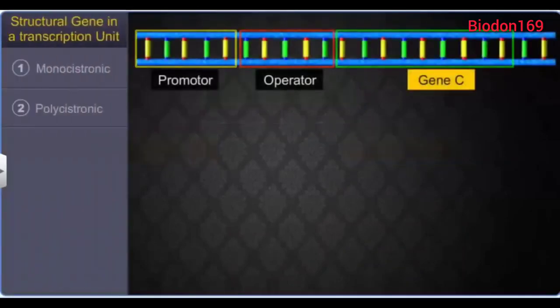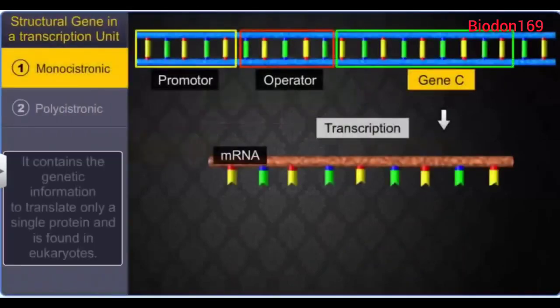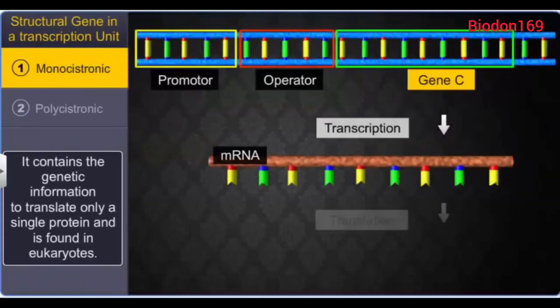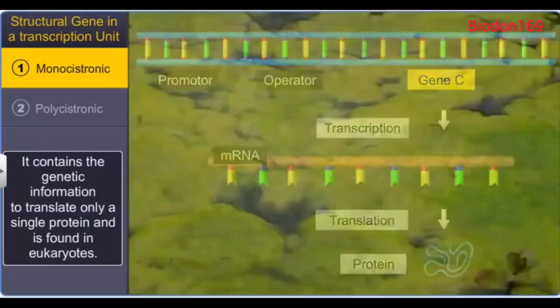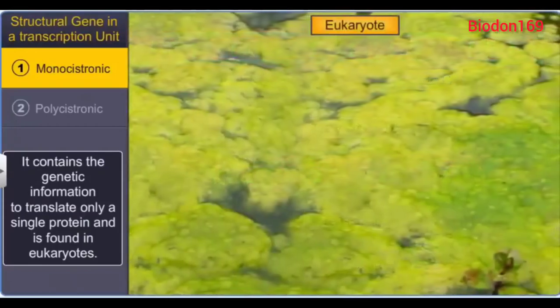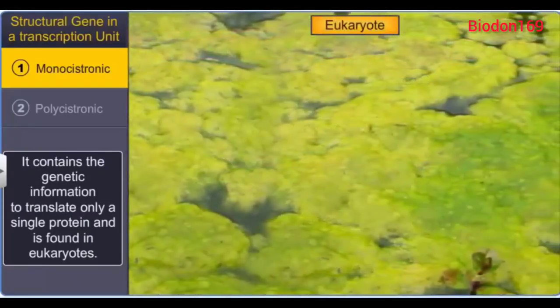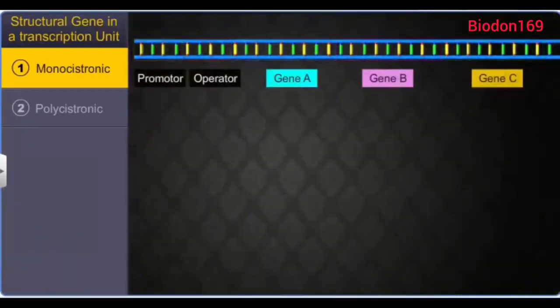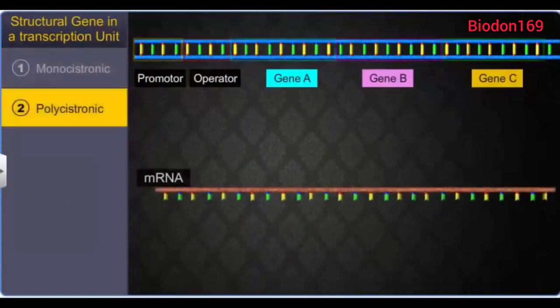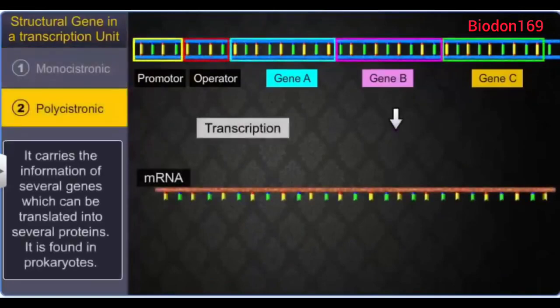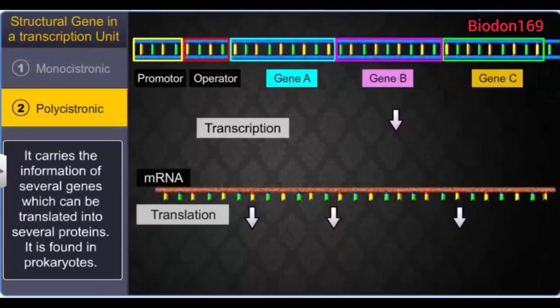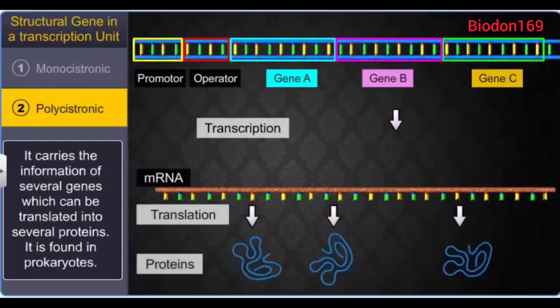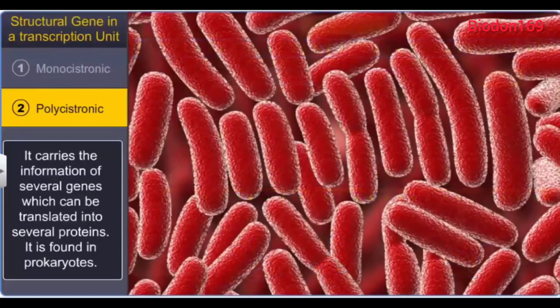A monocistronic structural gene contains the genetic information to translate only a single protein and is found in eukaryotes. On the other hand, a polycistronic structural gene carries the information of several genes which can be translated into several proteins. It is found in prokaryotes.